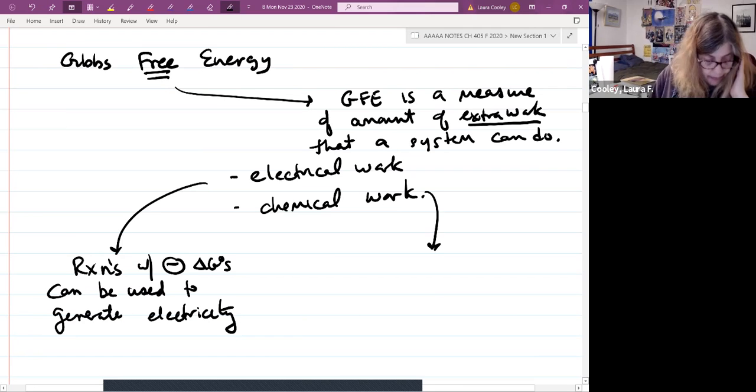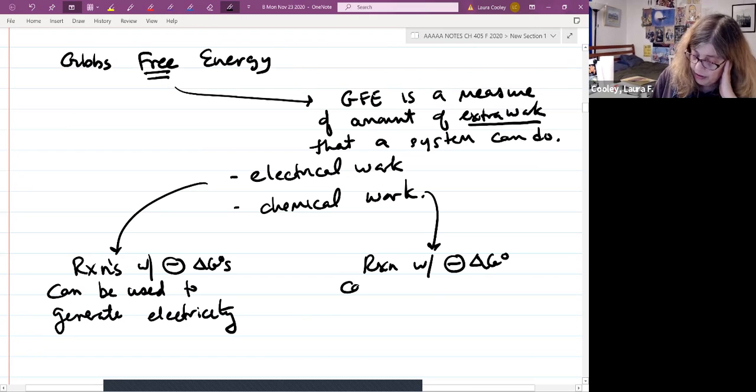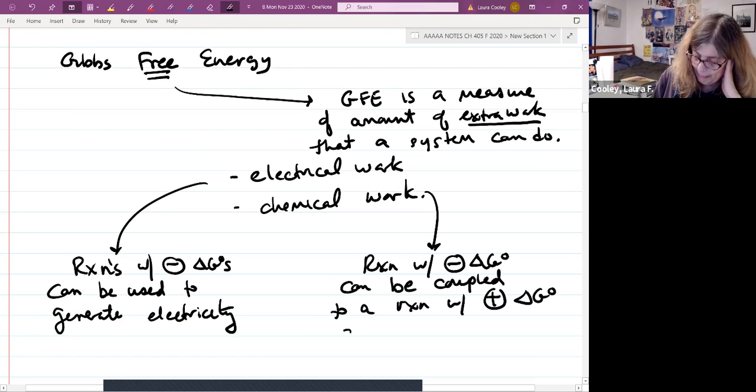And this is like how a reaction with a negative delta G0 can be coupled to a reaction with a positive delta G0, so that overall the delta G0 is negative and it becomes spontaneous.